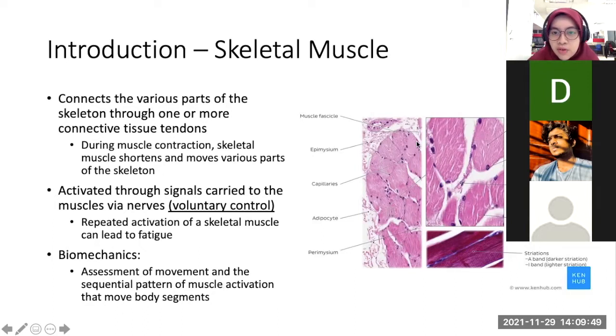Okay, so these are the morphology of skeletal muscle. Okay, so it's surrounded by capillaries. So you can see capillaries. There's also adipocytes or the fat tissues. Okay, there's also sarcolemma, one of the layers, or the sheath, that actually covers the skeletal muscle.